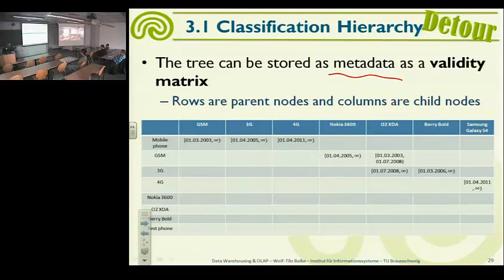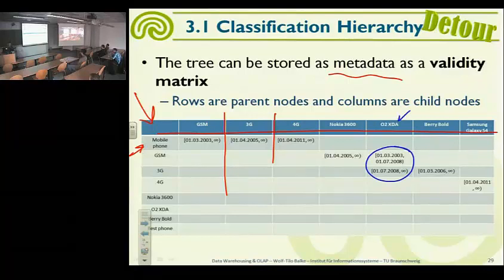And this can be easily visualized like that. On the columns, you have all the child nodes over here, and on the rows, you have the parent nodes. If you look at the problem here, the O2XTA, which is the child node of the product families GSM and 3G, you find that there are two entries here.